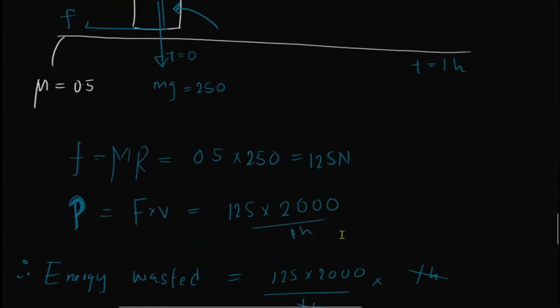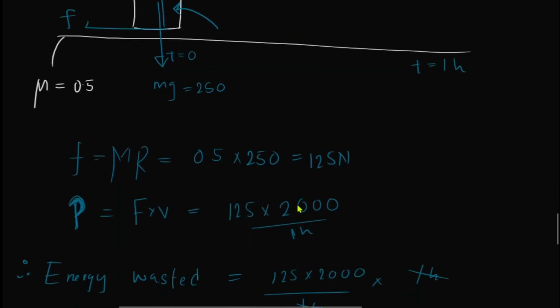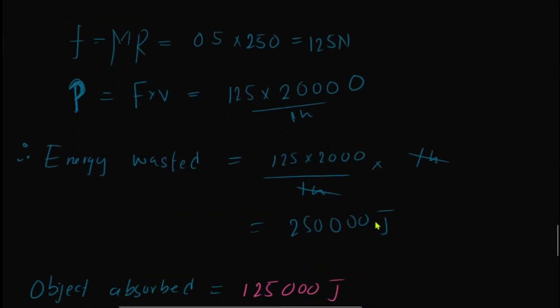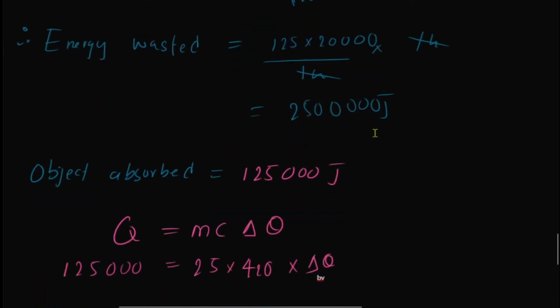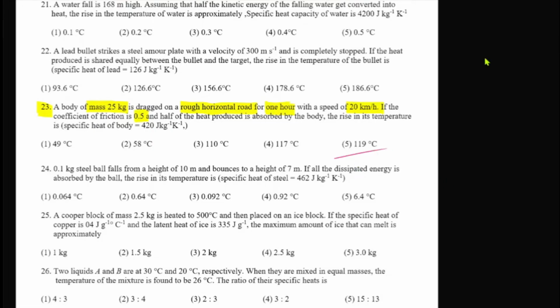Okay, there is a small error: the speed was actually 20 kilometers per hour, which should be 20,000 meters per hour, so all these answers should have a zero in addition. If you simplify now, you get delta theta as 119 degrees Celsius. This is the increase in temperature, and that is the fifth answer.